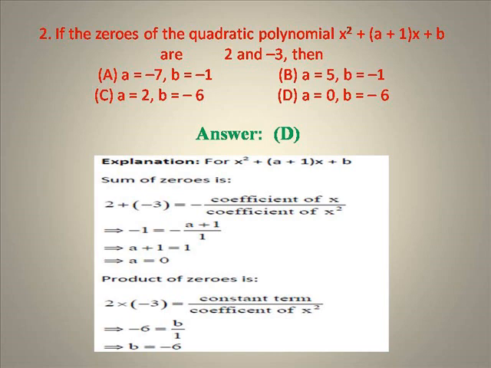You can see the answer is D and the explanation is given. Here you can use the relationship of the sum of the zeros and the product of the zeros. Then from there you will get the values a equals 0 and b equals minus 6. So option D is the correct answer.